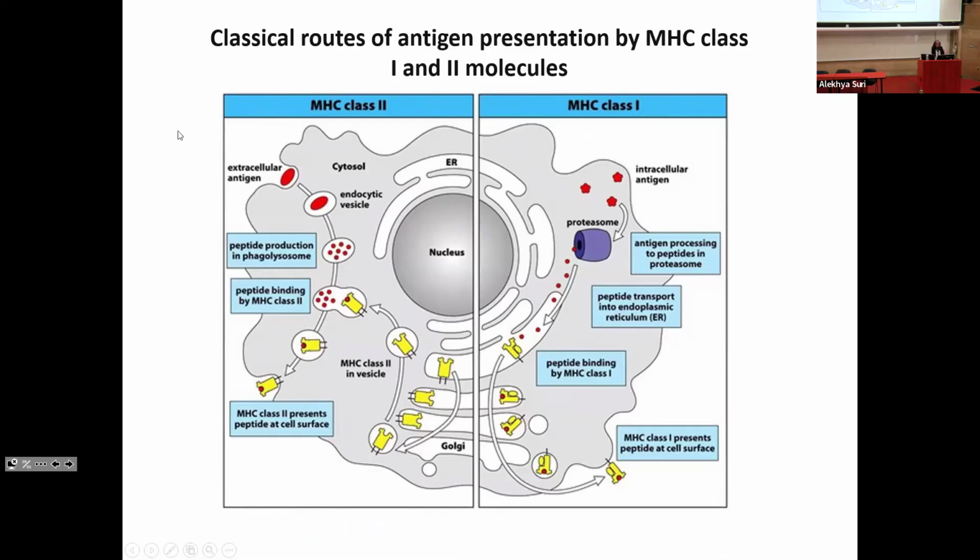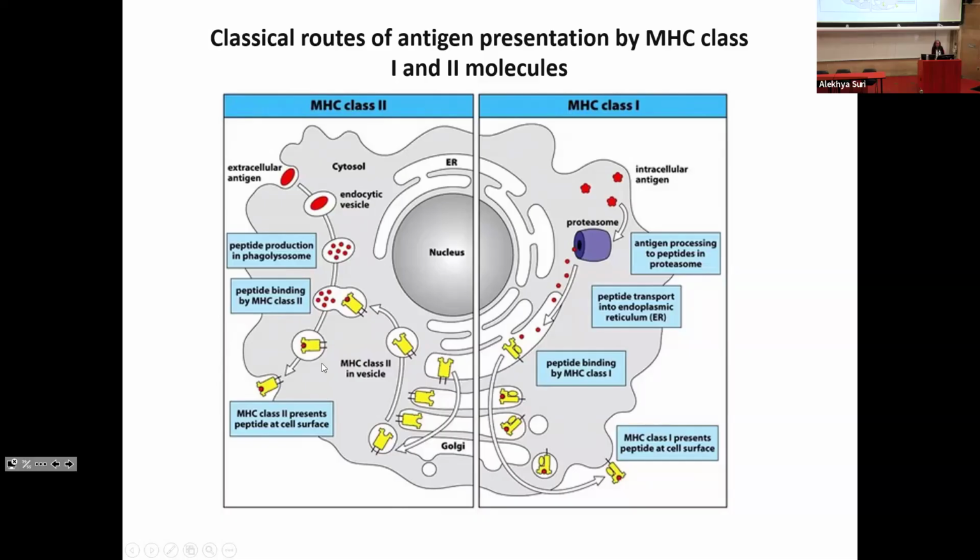So class 2 molecules are involved in presenting antigens that are coming from the outside. So if you have an extracellular antigen, a bacteria that's coming from the outside, it's degraded in the phagolysosomal compartment right inside a macrophage. And that degradation generates a lot of peptides from that bacteria.